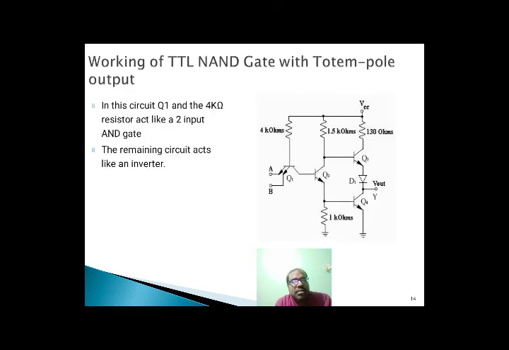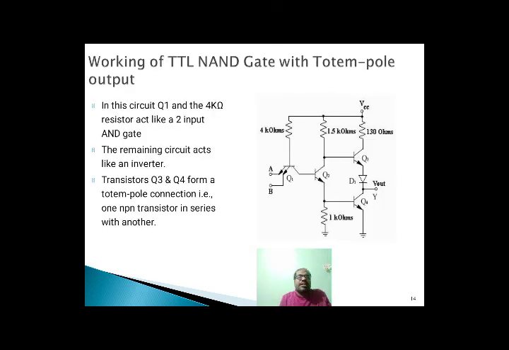Okay, please make a note of the diagram. Most important one it is. Please, the diagram is more important. Here the Q1 resistor is R1, the Q2 resistor is R2, the Q3 resistor is R3 and the Q4 resistor is R4.